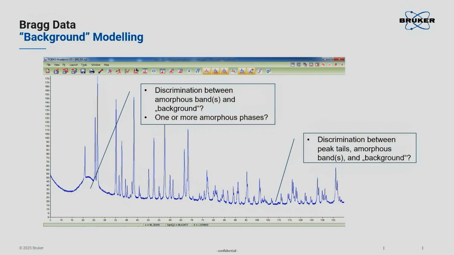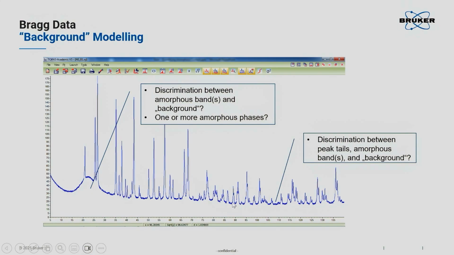Amorphous phases, right? One or more. Can you tell me, these diffraction or scattering bands here, where's my mouse? This is obviously an amorphous phase. It could be the sample holder. Sometimes people use too large divergence slits, and at lower angles they illuminate the sample holder. So if it is plastic, you will see such an amorphous band.